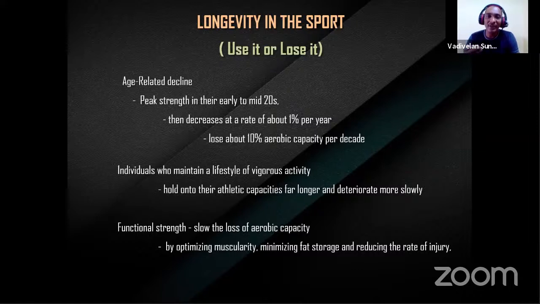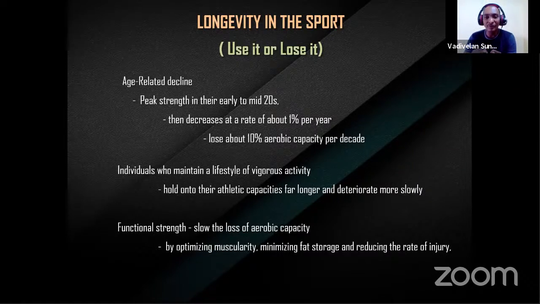So why is this needed here? Individuals who maintain a lifestyle of vigorous activity, like athletes, hold on to their athletic capability for longer and deteriorate more slowly, a study says. Functional strength may slow the loss of aerobic capacity.